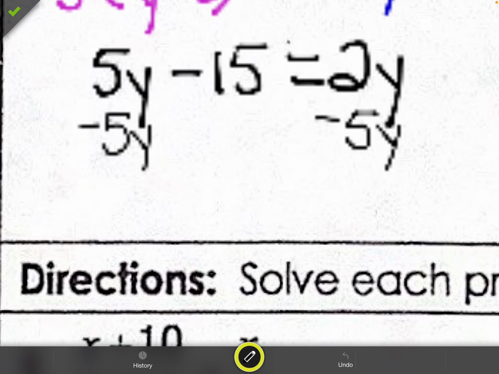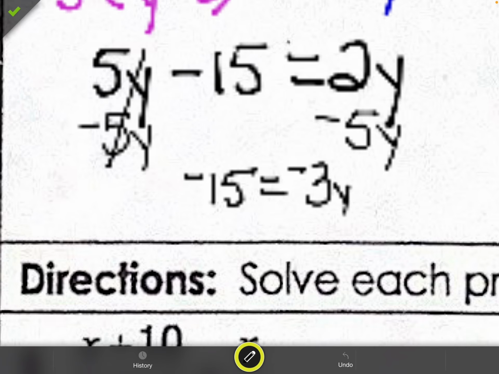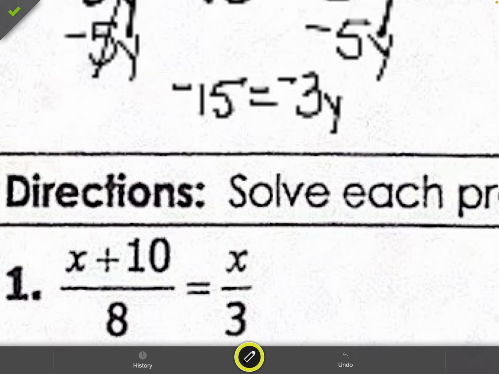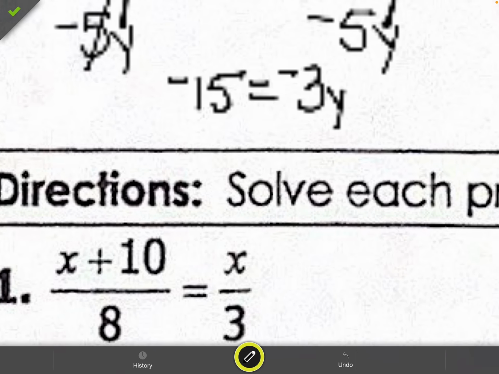And I did negative because I look in front of the 5y. It's a positive, so the opposite of that is a negative 5y. These give me 0. Bring the negative 15 down. And 2 minus 5 is a negative 3. Now, don't call me, we move the variable to the other side.